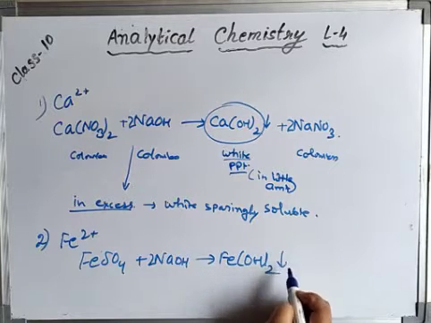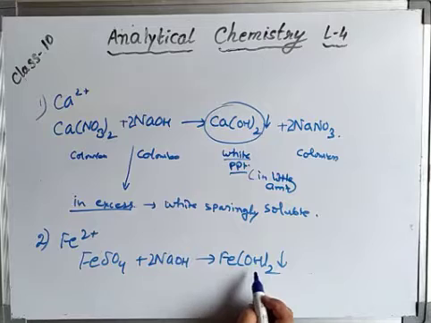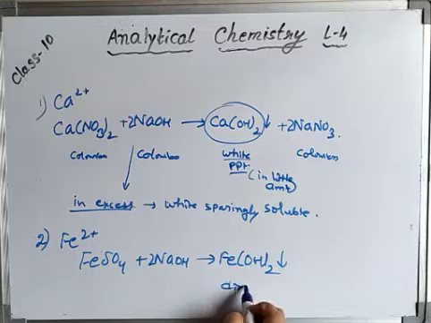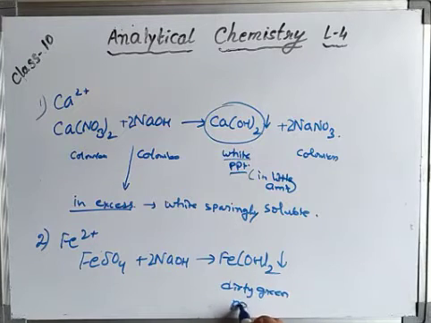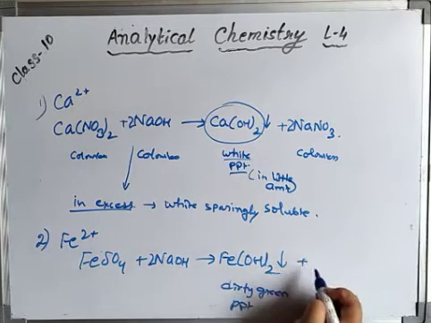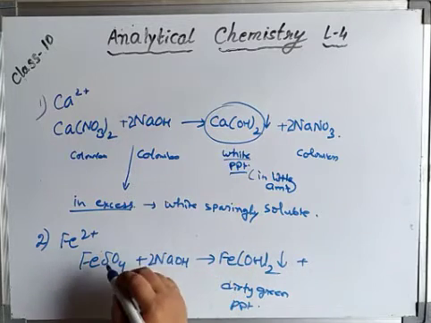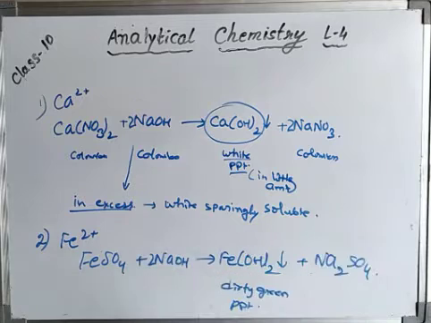It is also a precipitate. But since it is ferrous, I have told you what the color will be. It is a pale green, or you can say dirty green precipitate. Plus, the other salt is Na2SO4.